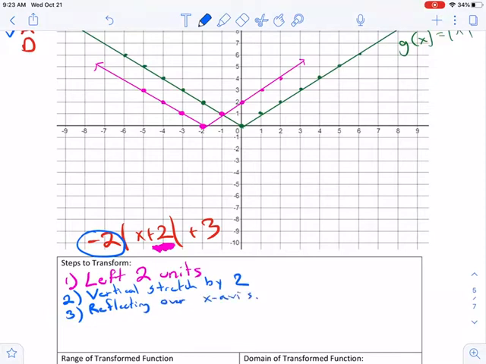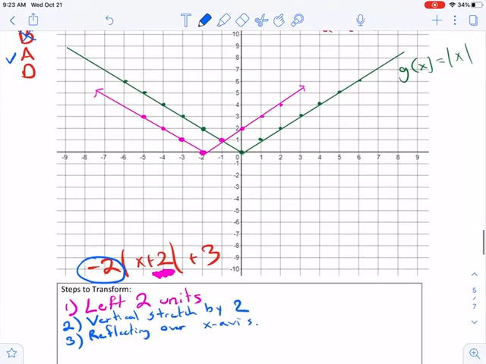So I've got 2 different graphs to do. I'll do them both in blue just because it's the same A value that's causing them both to happen. And so the first thing I'll do is a vertical stretch by 2. So all my y-coordinates are going to be double of what they were. And it's nice that I've got this straight line graph because I don't have to do too many points before just creating that straight line and going from there.